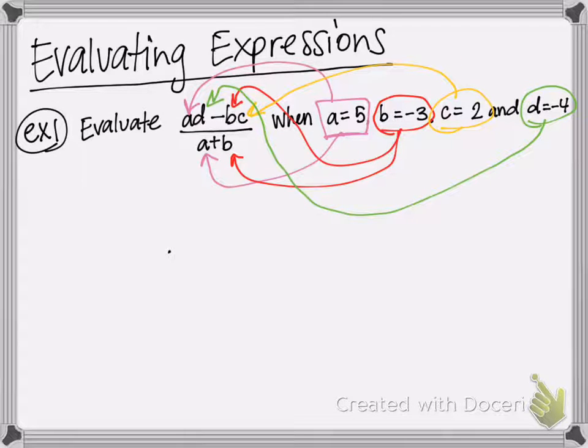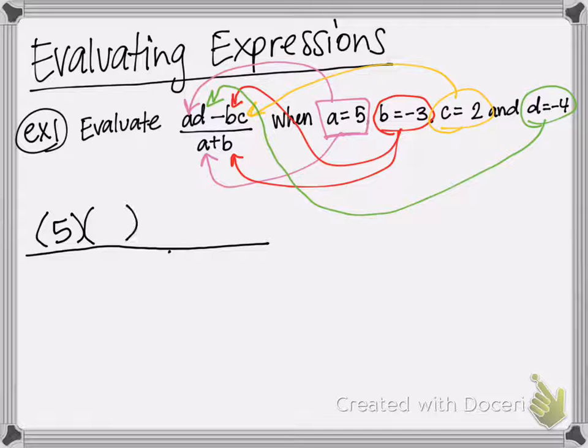So as you can see, this looks like it's going to get a little out of hand, but we got this. So I'm going to draw my long fraction bar. I like to set up an empty problem. And when I set up that problem, I know I'm going to have a long fraction. And then every single time that I plug something in, I'm going to use parentheses. So here I'm looking for A, that's 5.